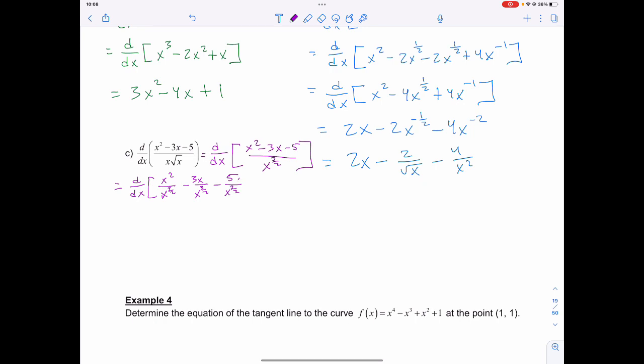And this, because it's constant, is actually x to the 0 when I am subtracting these, which is going to give me d over dx of x to the 1/2 minus 3x to the negative 1/2 minus 5x to the negative 3/2.